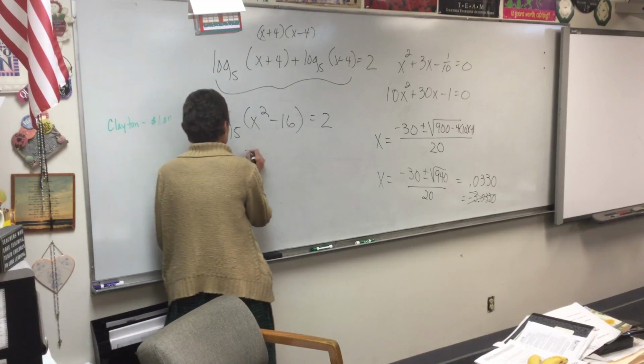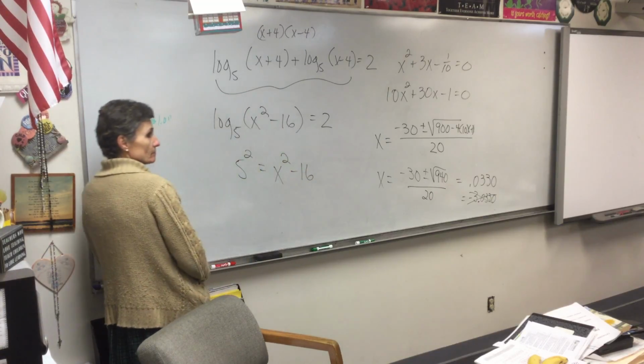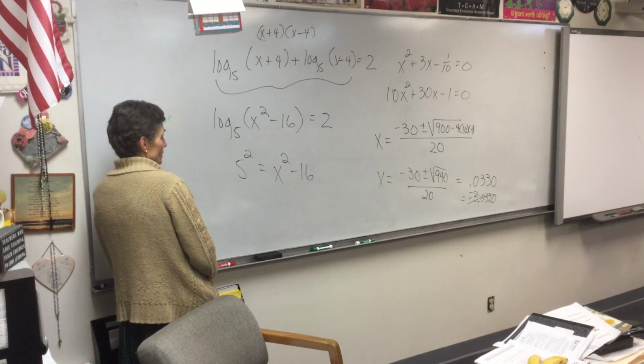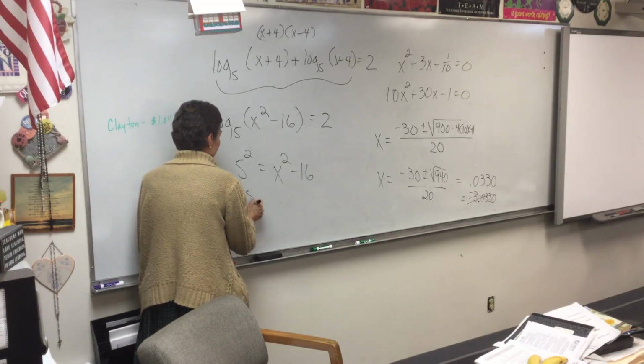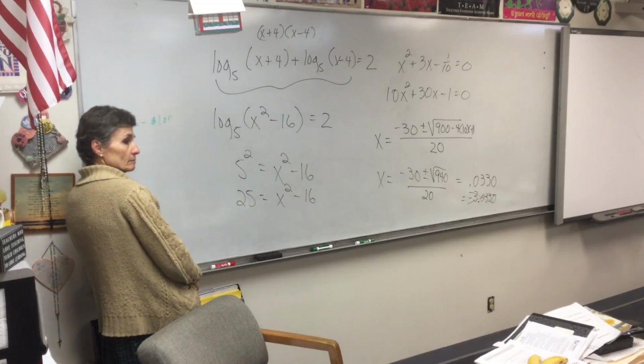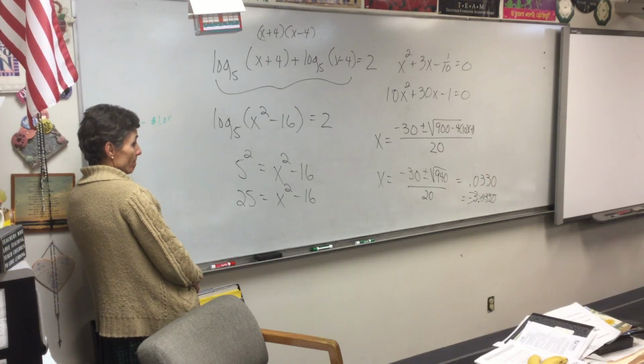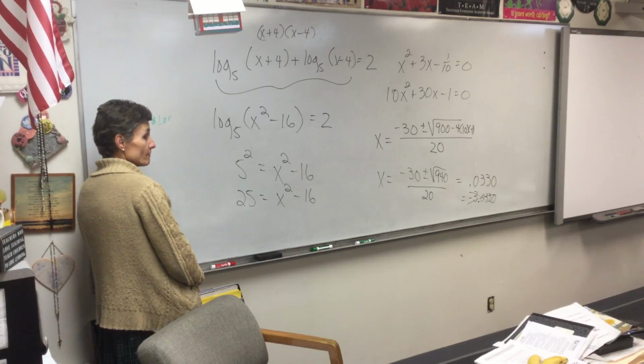5 squared. 5 to the second equals x squared minus 16. So 25 equals x squared minus 16. Subtract 25.